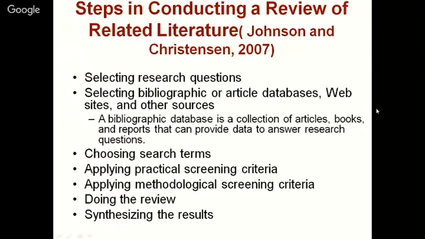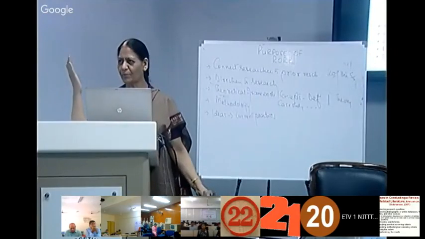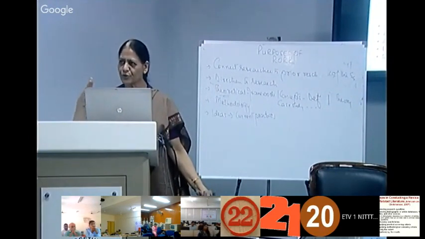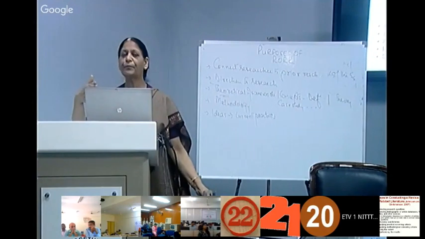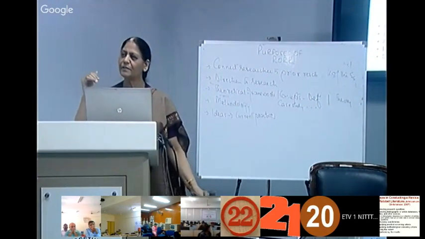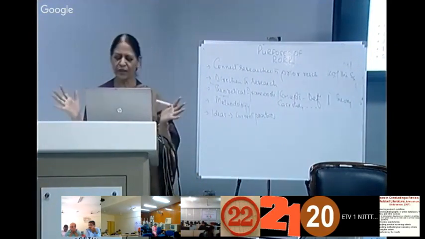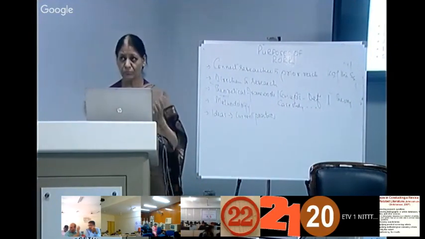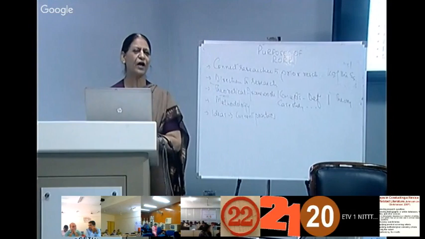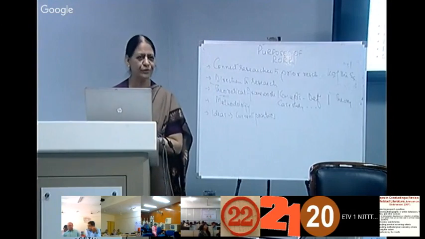There are a number of sources of information which can be classified into primary sources of information, secondary sources of information, and preliminary sources of information. And once you have decided what databases you are going to tap or use or check, you also try to identify the search terms.